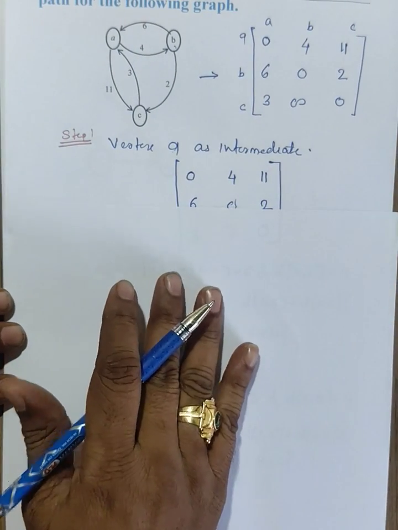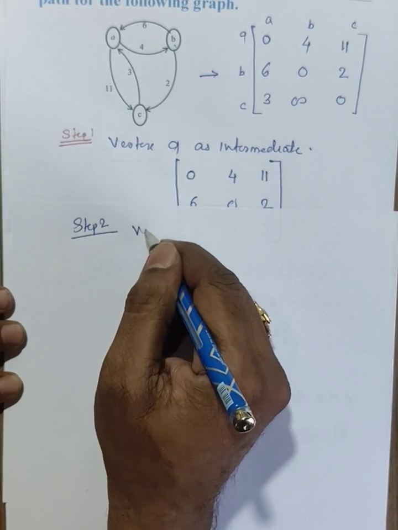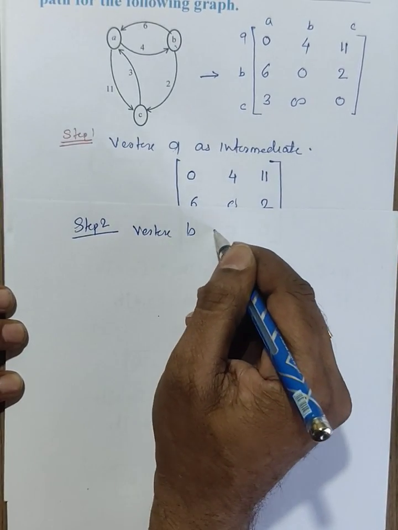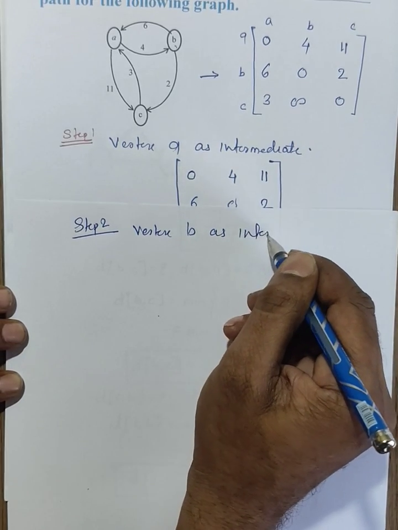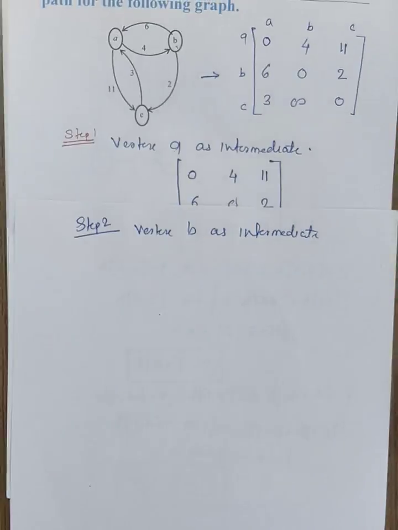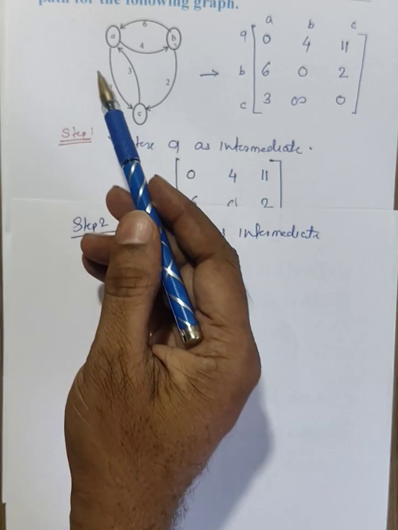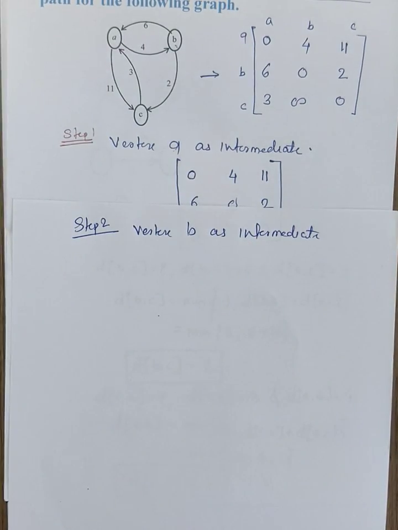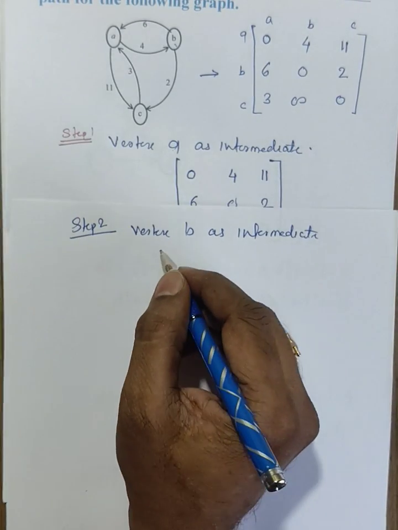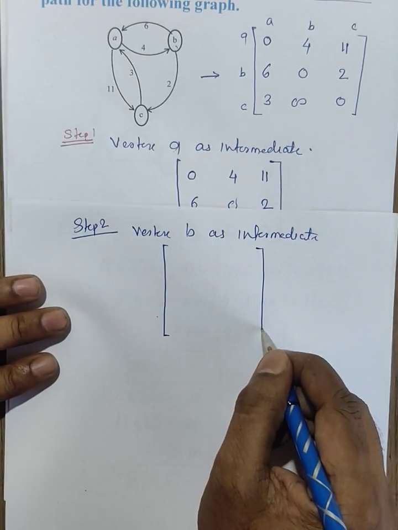Within this step 2, vertex B as an intermediate vertex. If B is an intermediate vertex, using B we can take transitions. Means if A to B edge is there, then maybe the first row will get different values.